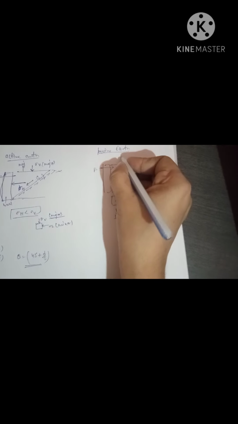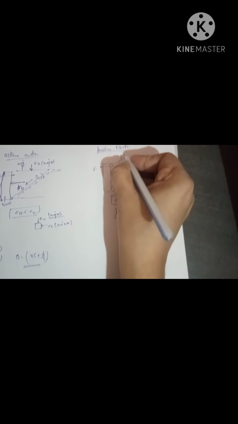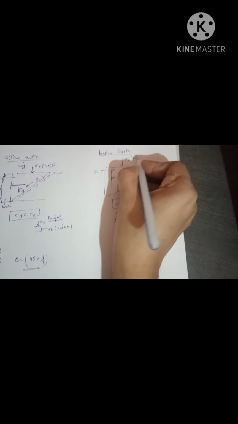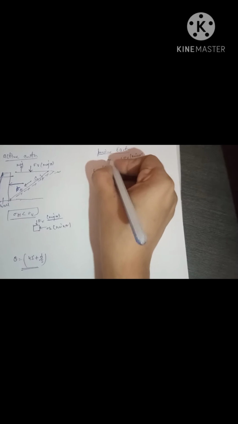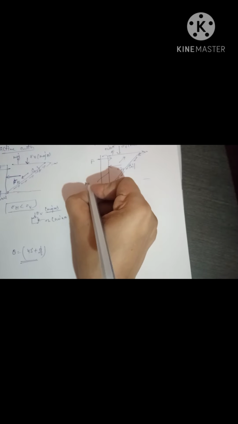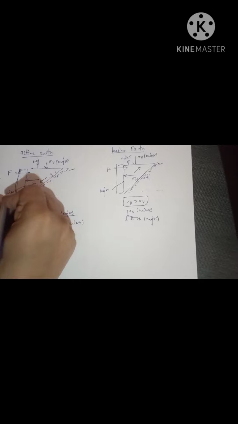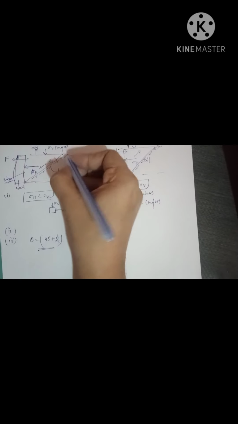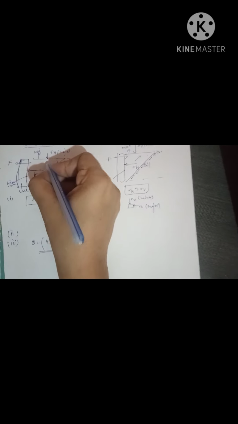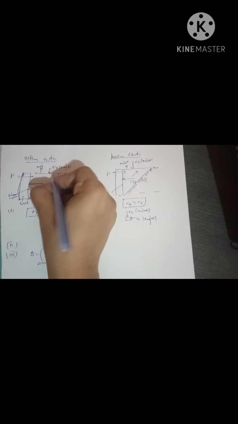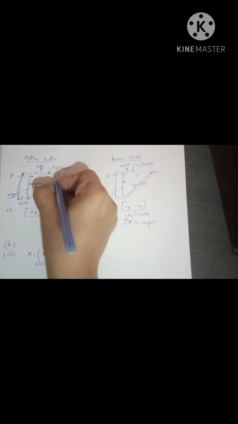Okay, and here sigma vertical is minor, so it is the minor principal plane, and this is the major principal plane. Here it is the minor principal plane. Okay, you understood? And this is the failure plane, so the angle between the failure plane and the major principal plane, theta f, is equal to 45 plus phi by 2. Okay, this is the failure angle theta f.